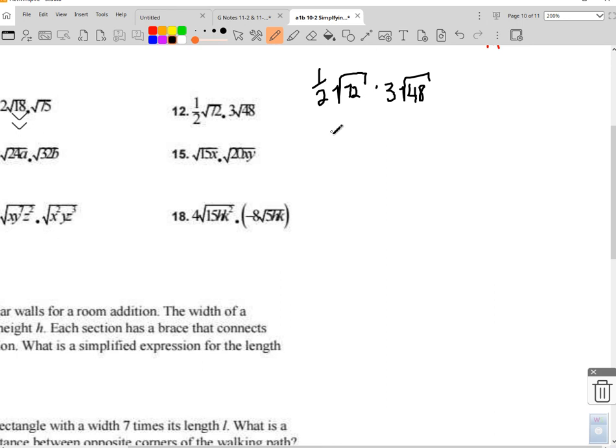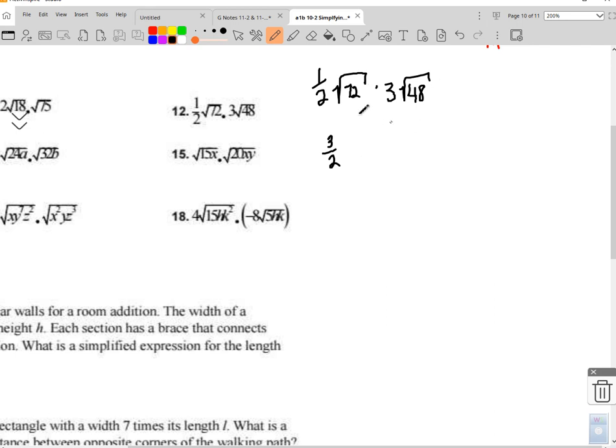And that's going to be 3/2. Everybody agree with that? You can do that on a calculator. That's 1/2 over times 3 over 1.